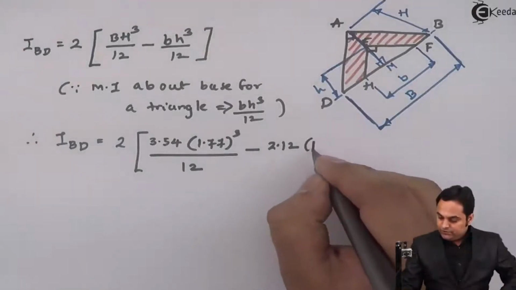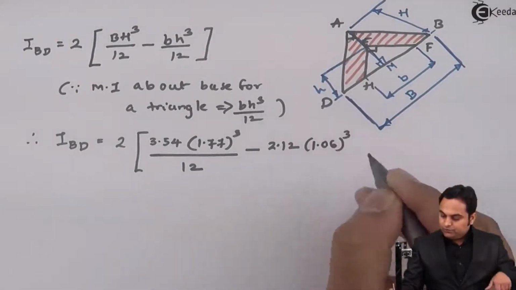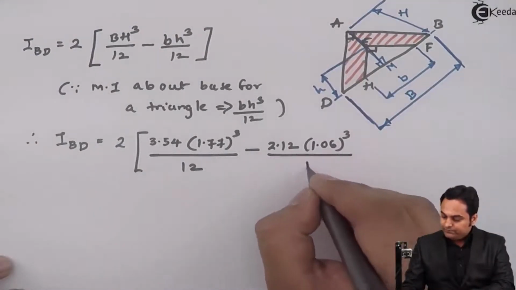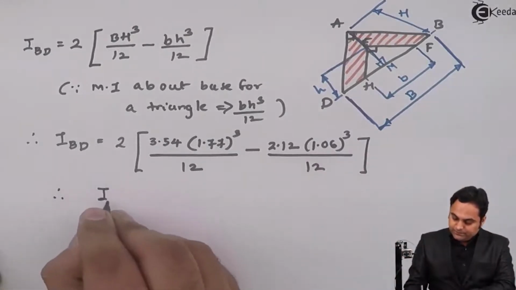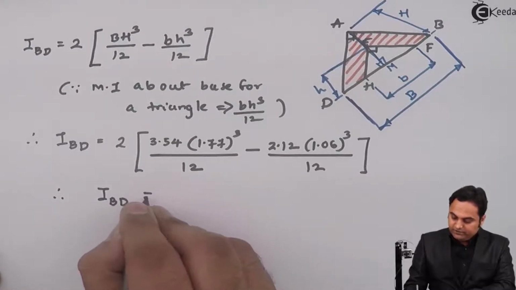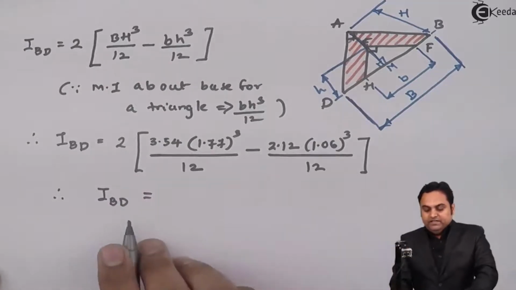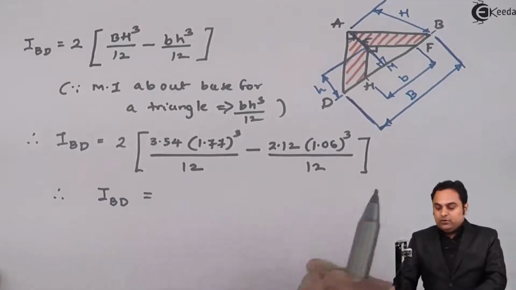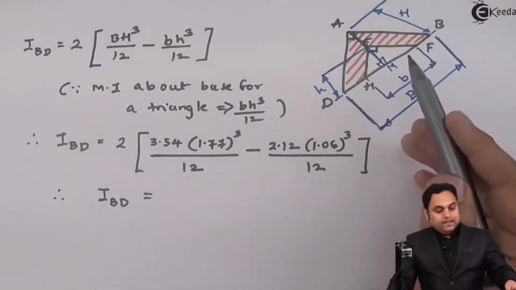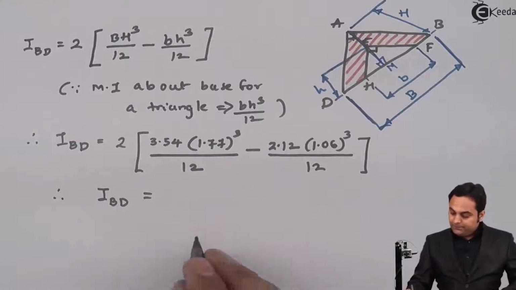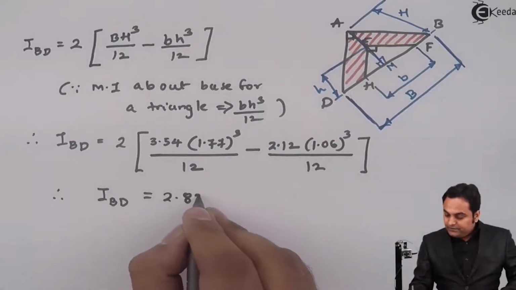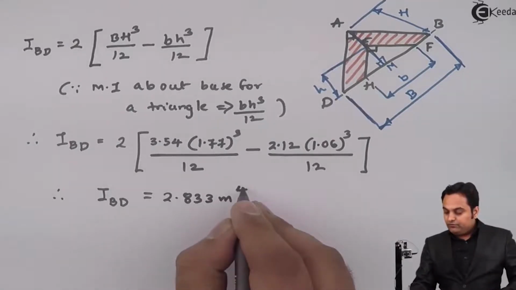So it is 1.06 cube divided by 12. So from this we get the value of I suffix BD, that is the moment of inertia about the diagonal, and my answer is 2.0833 meter raised to 4.